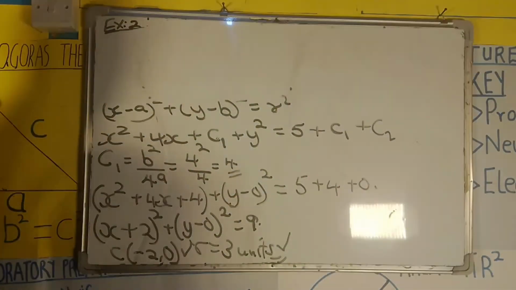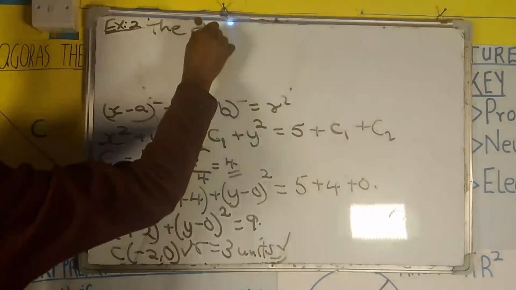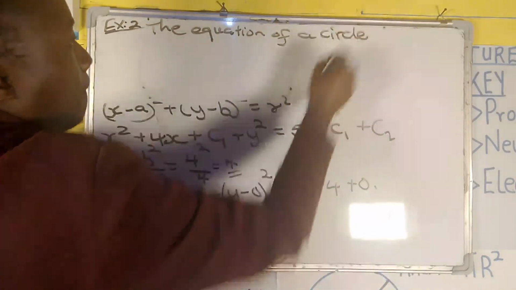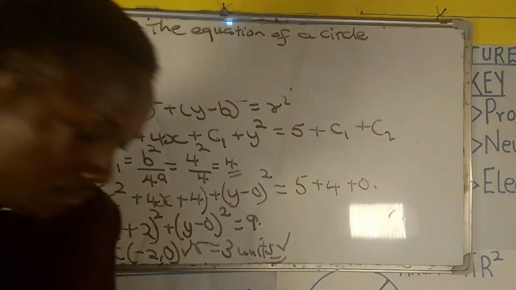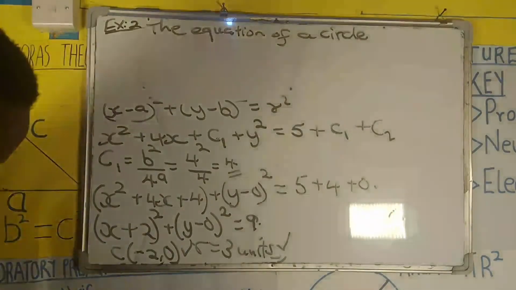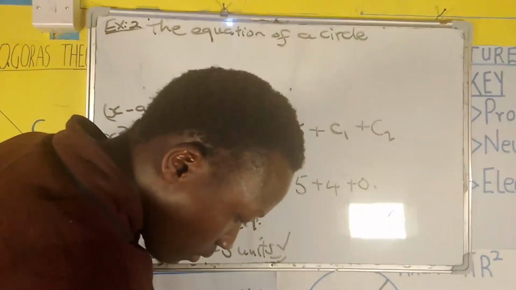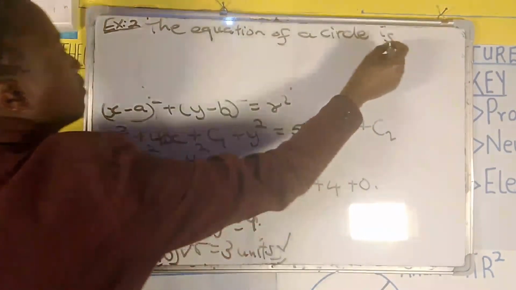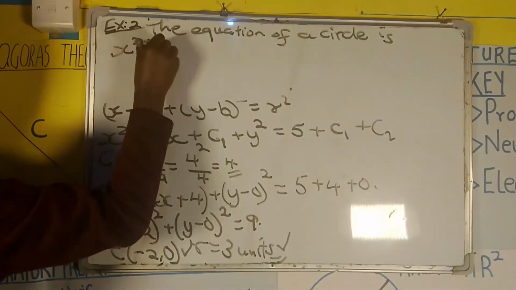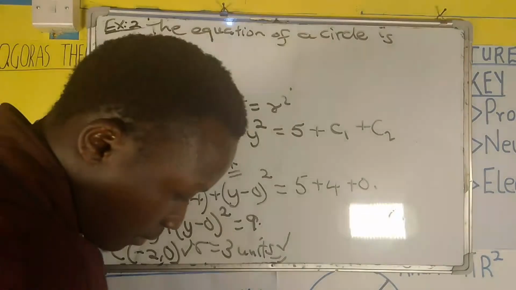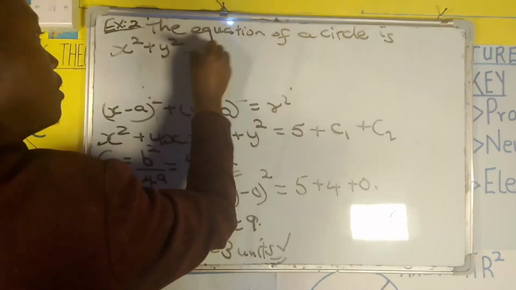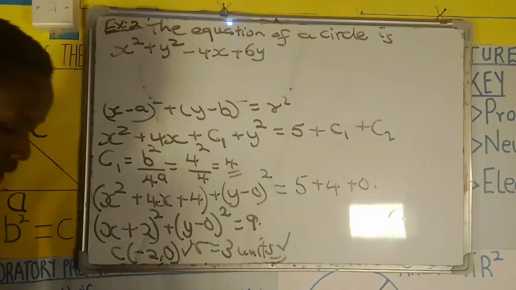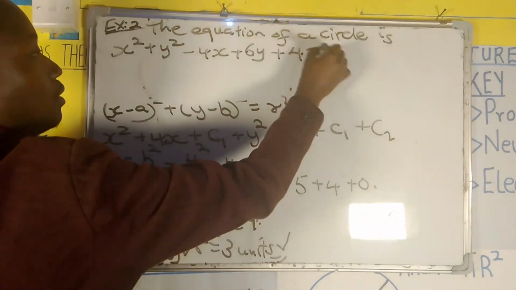There is another one here. The equation of a circle is x squared plus y squared minus 4x plus 6y plus 4 is equal to 0.